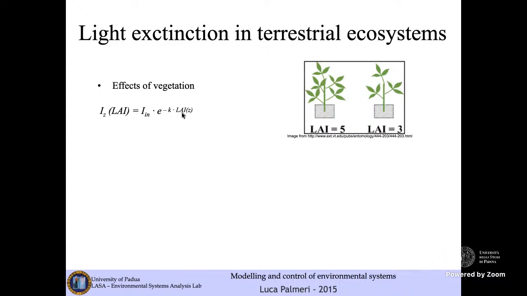Of course, leaf area index depends on Z, so on the depth of a canopy, on the depth of the system we're studying.